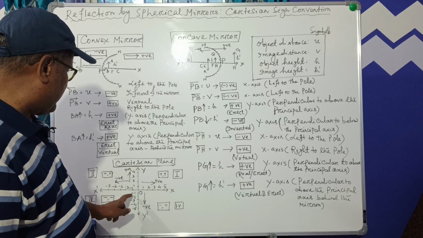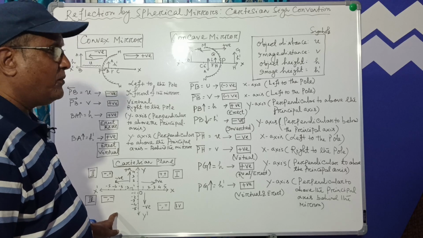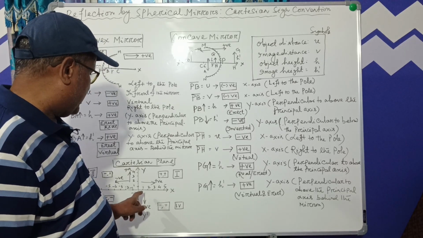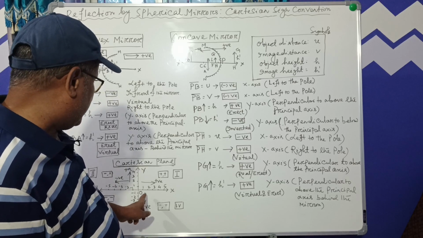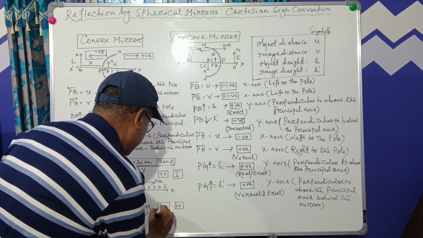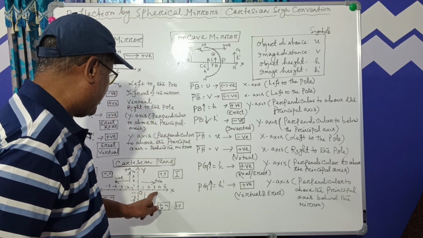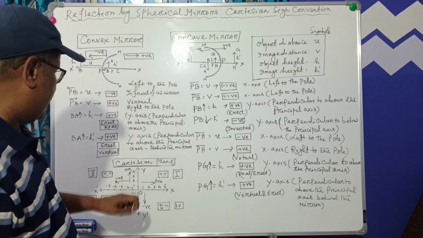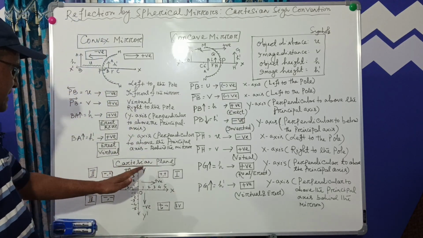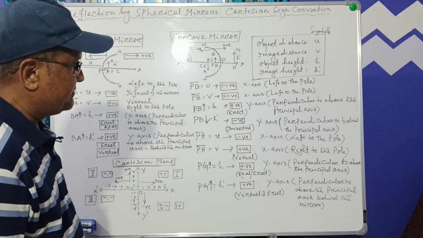Here minus is the x coordinate and minus is the y coordinate. And this quadrant is plus, minus: x is plus and y is minus. So these are the signs we use in different quadrants.